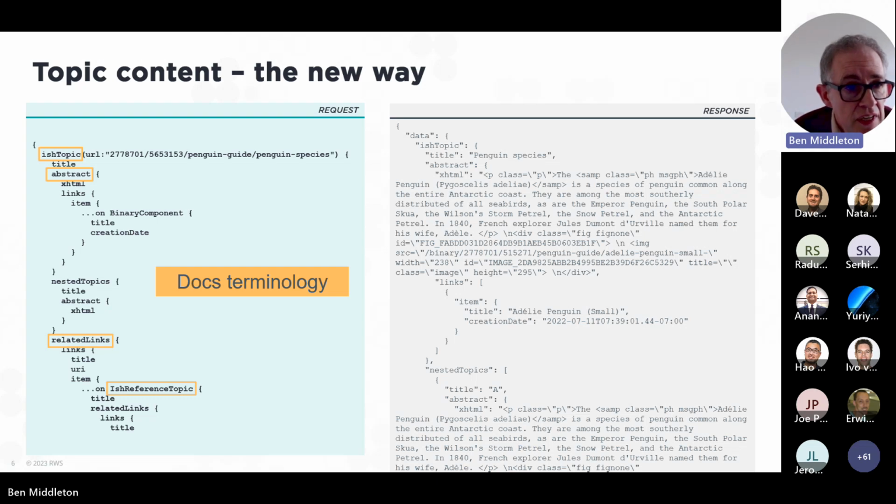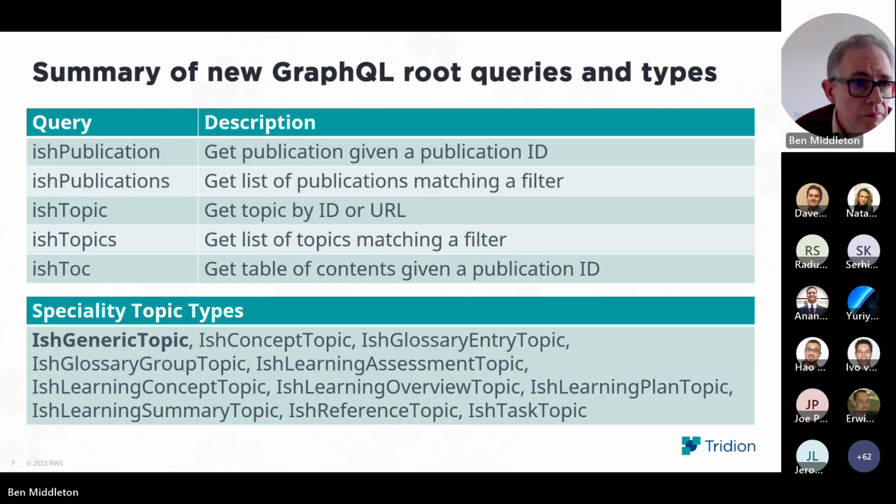We've kept the ish prefix for consistency reasons, because I think most Docs customers are still familiar with that. And then within that there's some terminology that is more aligned to what a user of Docs would be more familiar with.